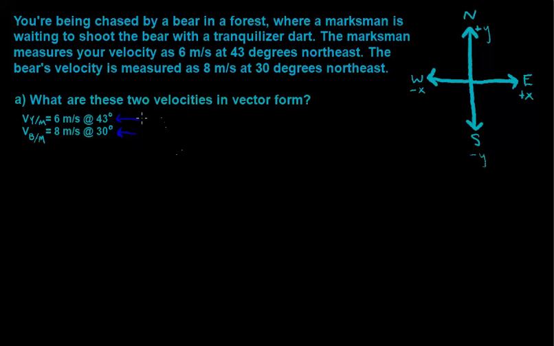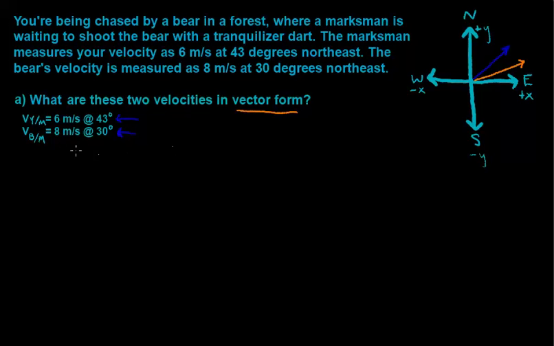So the velocity of u relative to the marksman would look something like this, going 43 degrees northeast. And then in a different color, the bear relative to the marksman, its vector would look something like this, going 30 degrees northeast.